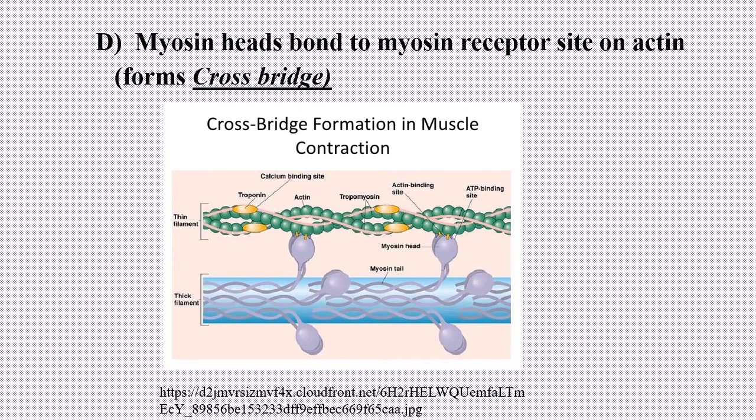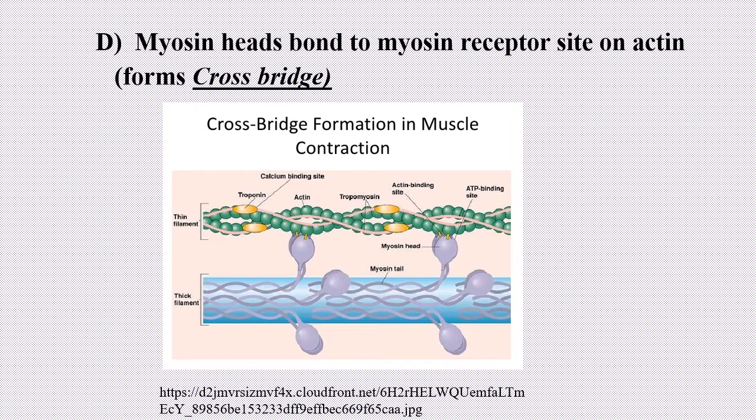All right, so now on the actin fibers, the places where the myosin can actually bond onto the actin fibers, the myosin binding sites, are now exposed because we moved that tropomyosin out of the way.